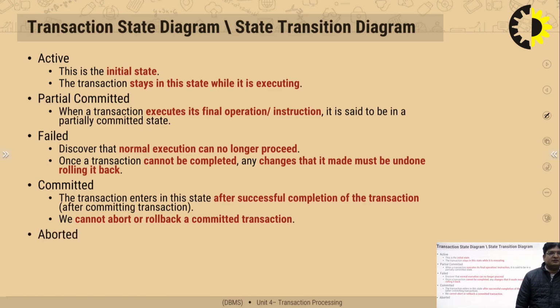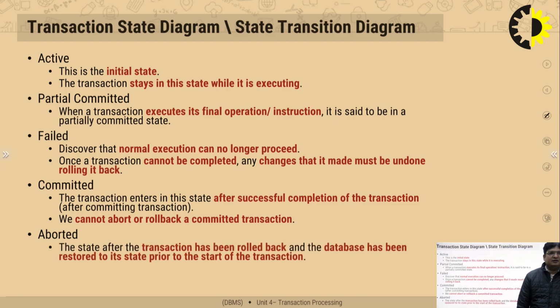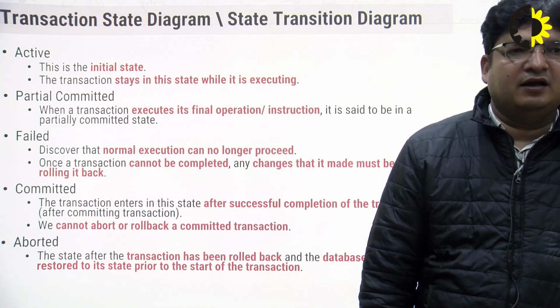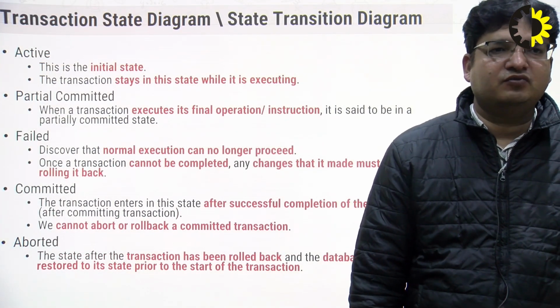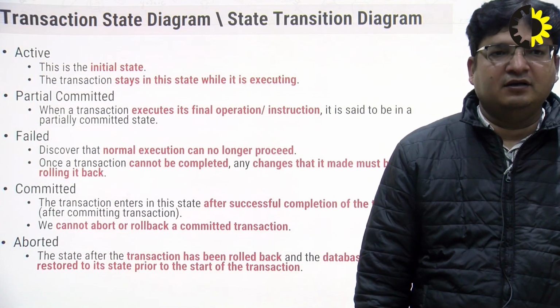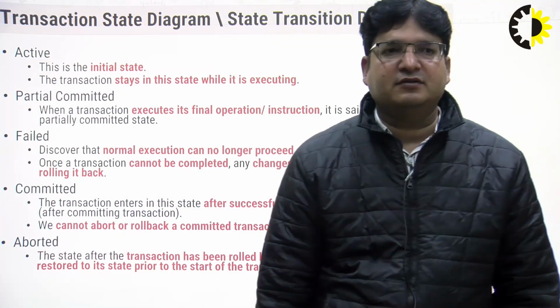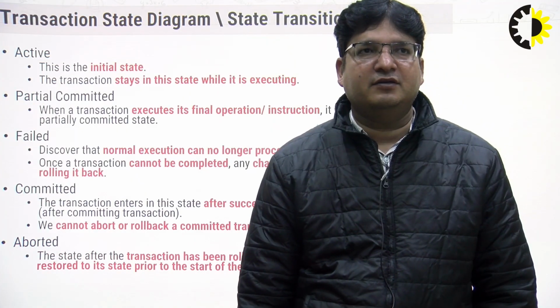And the last is aborted state: the state after the transaction has been rolled back and the database has been restored to its previous state as it was before the start of the transaction, that is the aborted state.